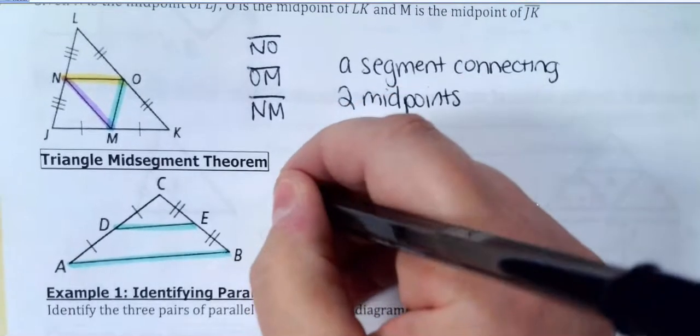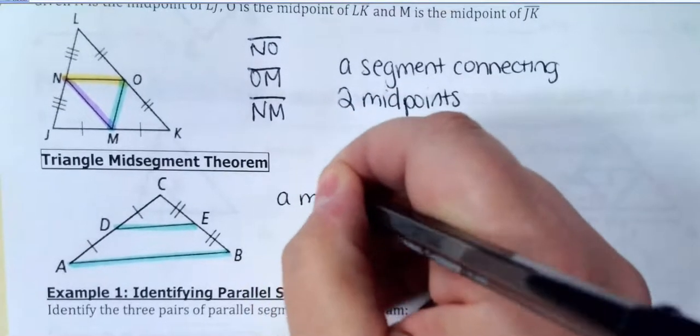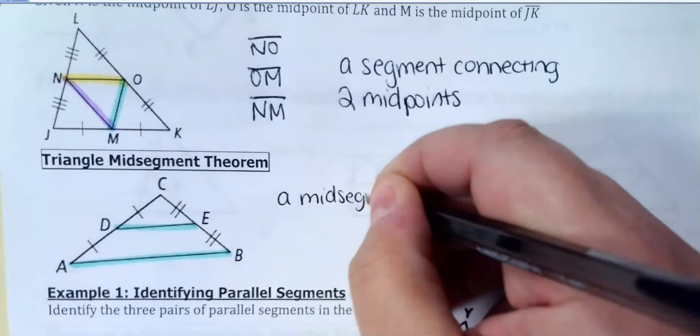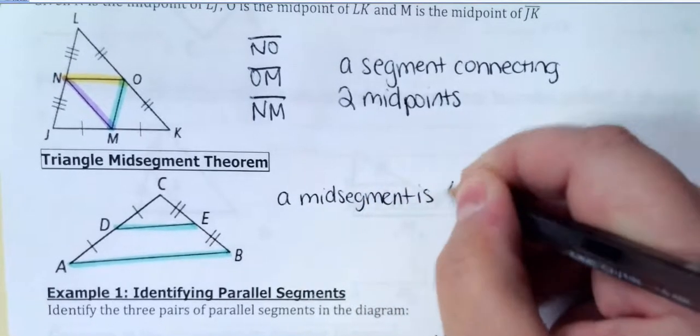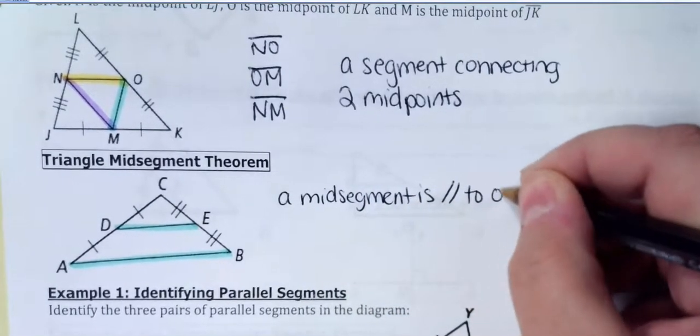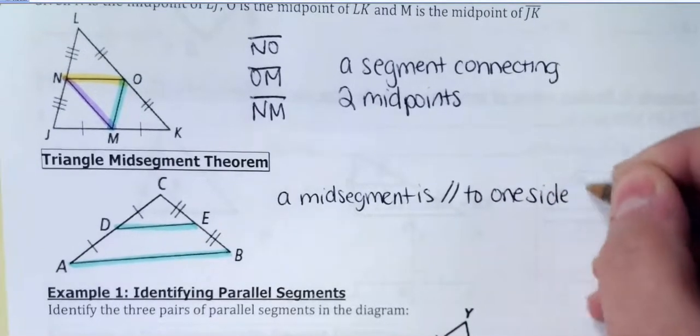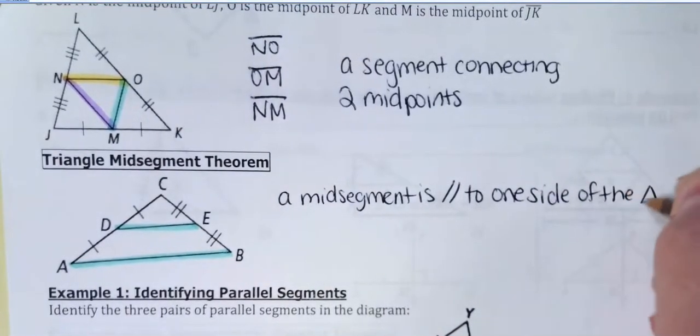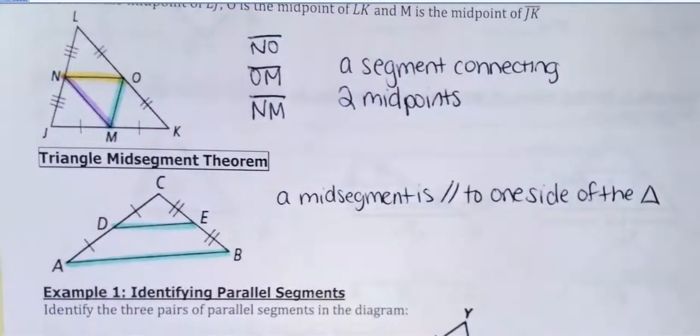So a mid-segment is parallel to one side of the triangle. So any mid-segment is going to be parallel to one of the sides in the triangle.